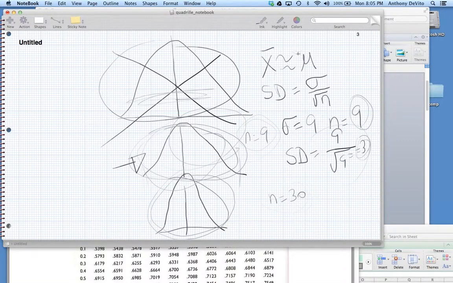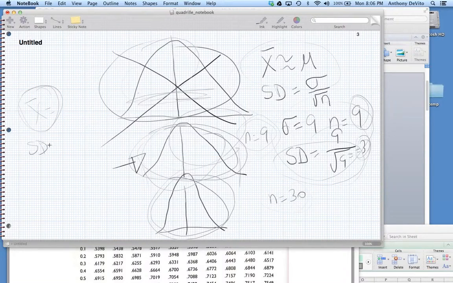This understanding, this central limit theorem, is the idea that as we take repeated random samples from a population, we can estimate or predict the mean of the population based on the sample, and we can also, based on the sample, have an idea about what the standard deviation is.